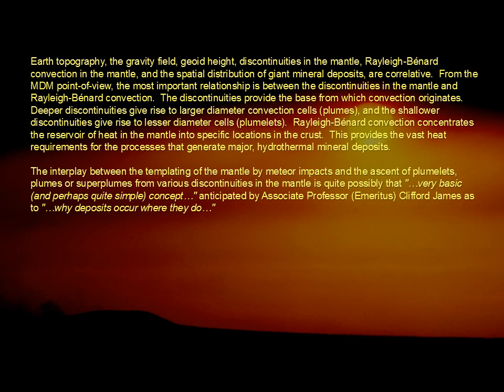Deeper discontinuities give rise to larger diameter convection cells, that is, plumes, and the shallower discontinuities give rise to lesser diameter cells, plumelets. Rayleigh-Bénard convection concentrates the reservoir of heat in the mantle into specific locations in the crust. This provides the vast heat requirements for the processes that generate major hydrothermal mineral deposits.